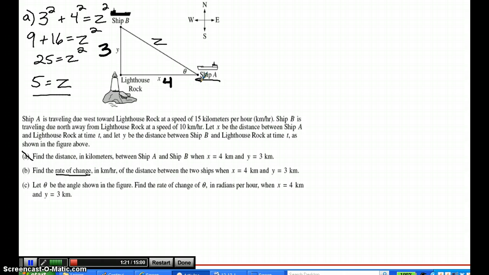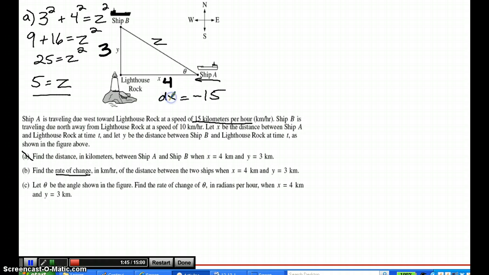Its distance from the lighthouse right now is 4, but its speed is 15 kilometers per hour. And since it's going toward the lighthouse, its distance is decreasing, so that's going to be a negative value. And we represent a rate as the derivative of that variable with respect to time. That's what you always got to think of in your head.